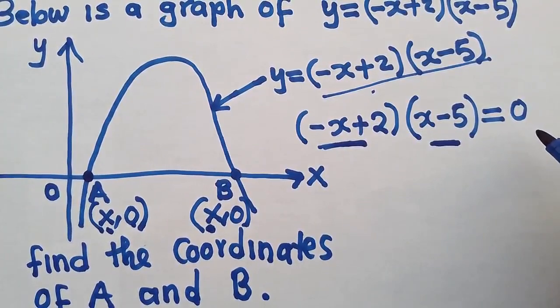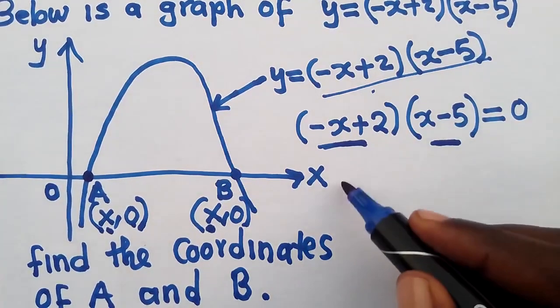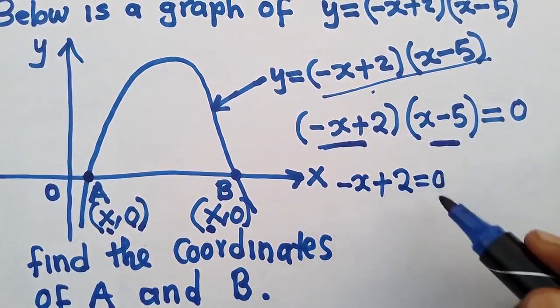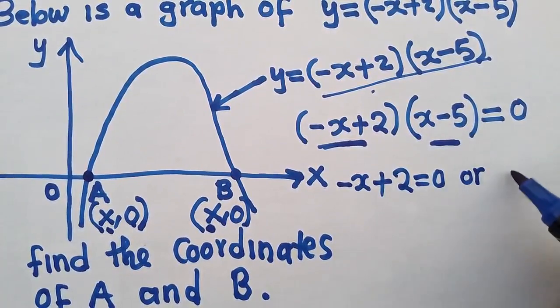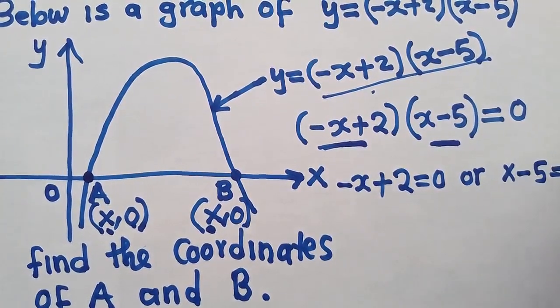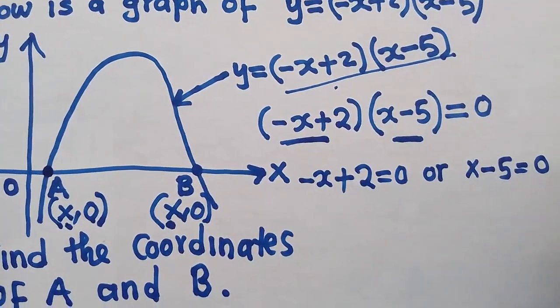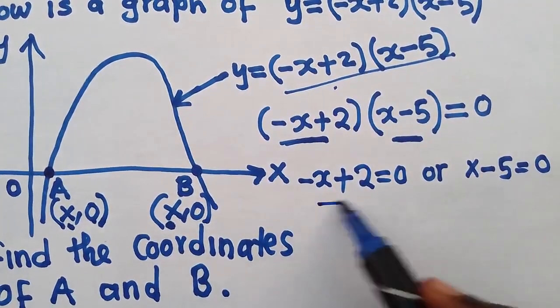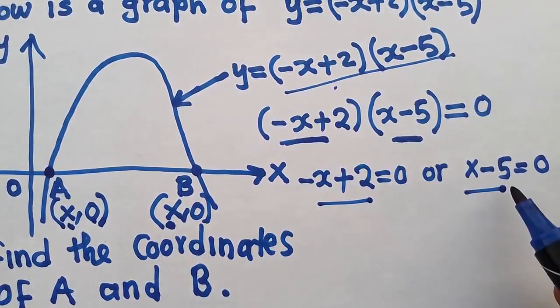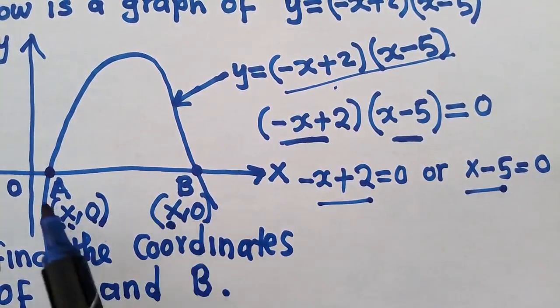So I'm going to say negative x plus 2 is equal to 0, or I'm going to say x minus 5 is equal to 0. Then I solve this equation, I also solve that equation. The values of x that I'm going to find are the values which are going to be there.